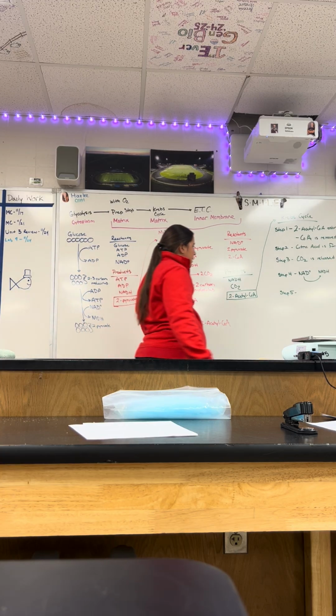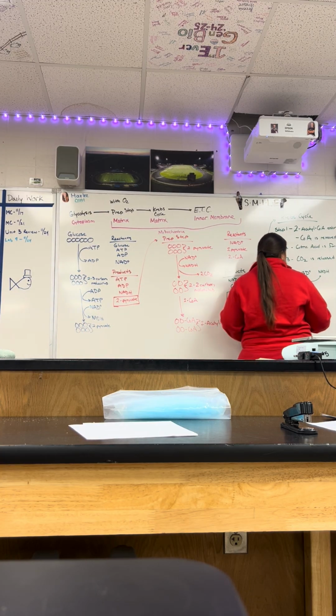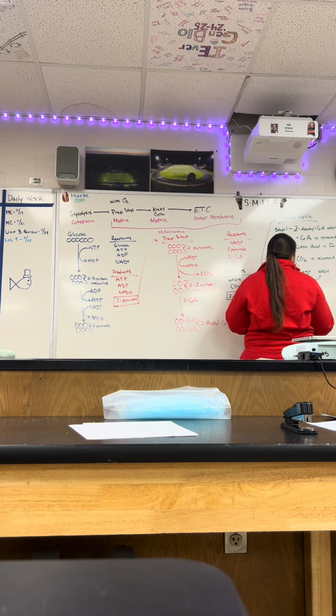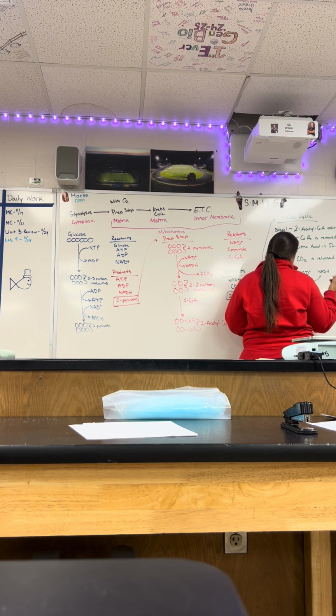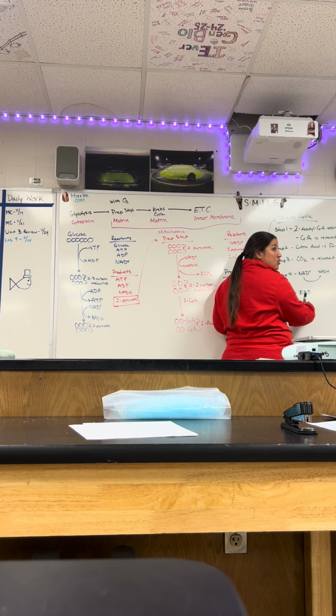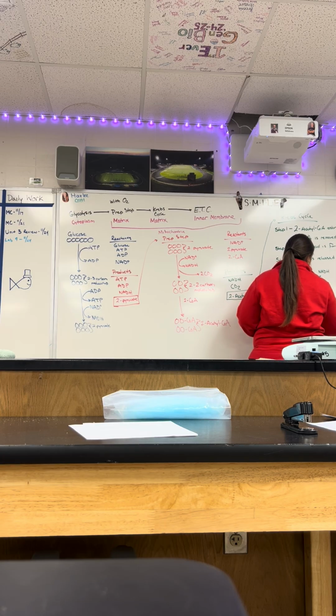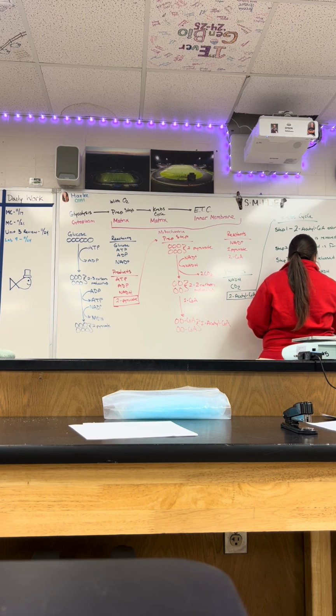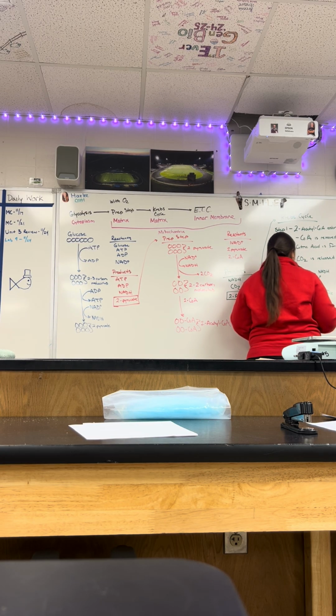The last step, the last rearranging of the carbon molecules, so this whole thing can start all over again, is that we have FAD. This is new. This is the new one. It enters and becomes FADH2.